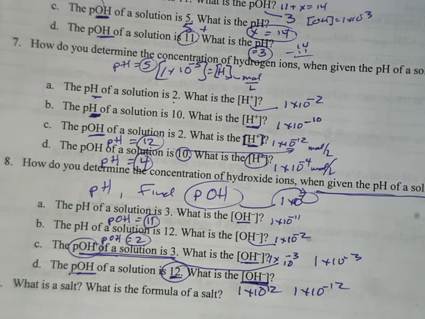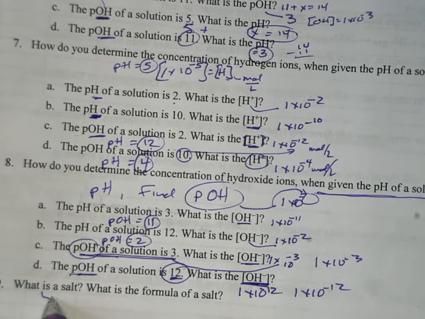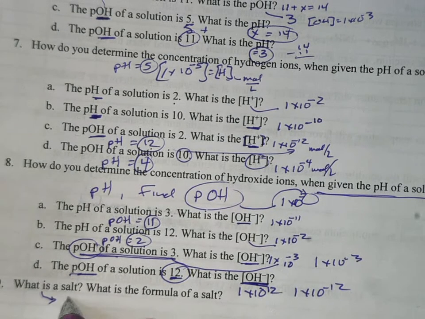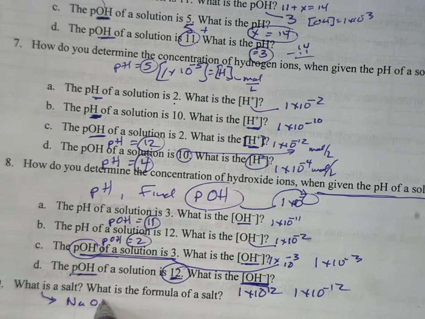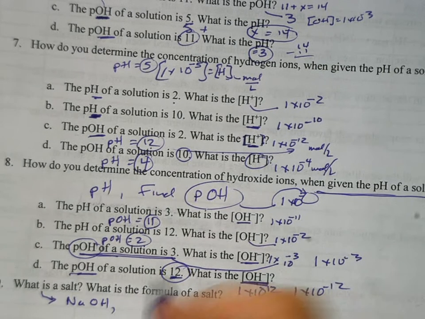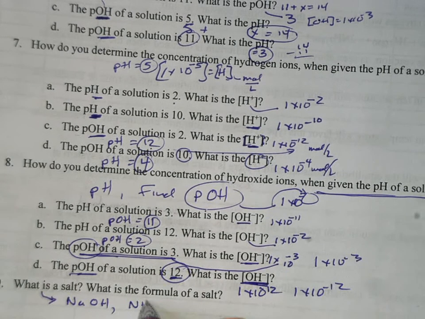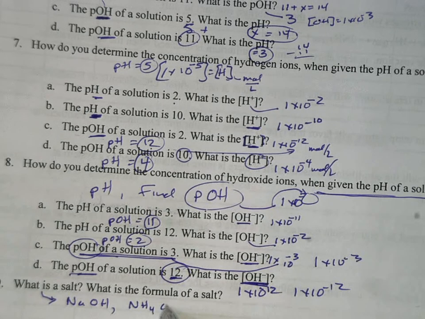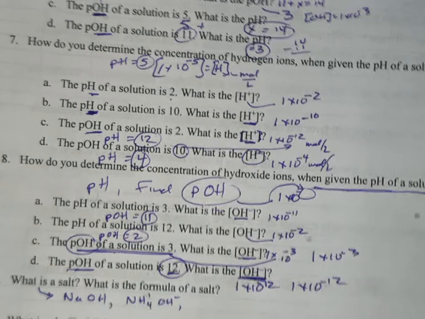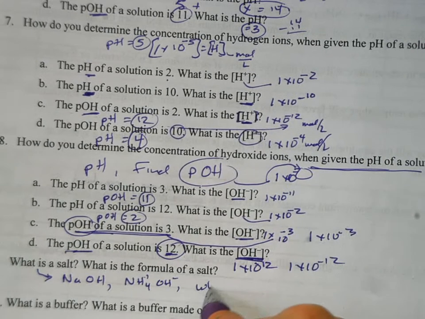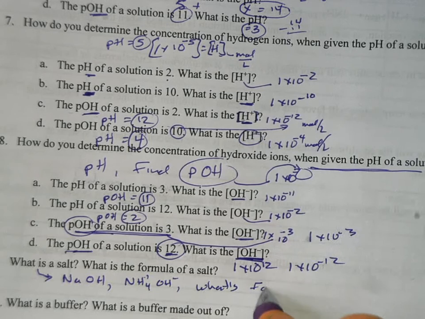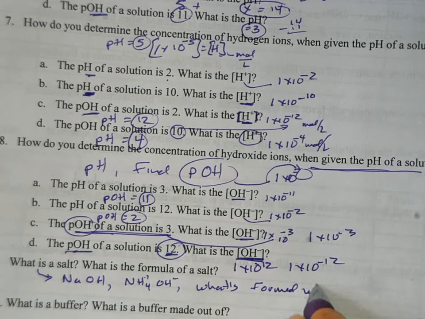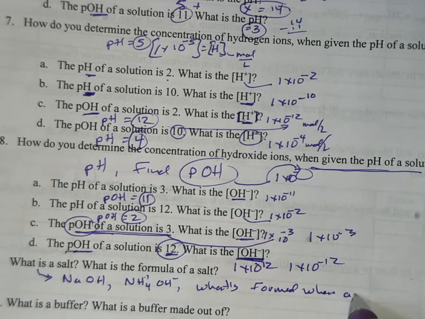What is a salt? A couple definitions. It is a metal bonded to a nonmetal, or you can say it is a cation bonded to an anion. You can also say it's what's formed when acid and base neutralize each other.